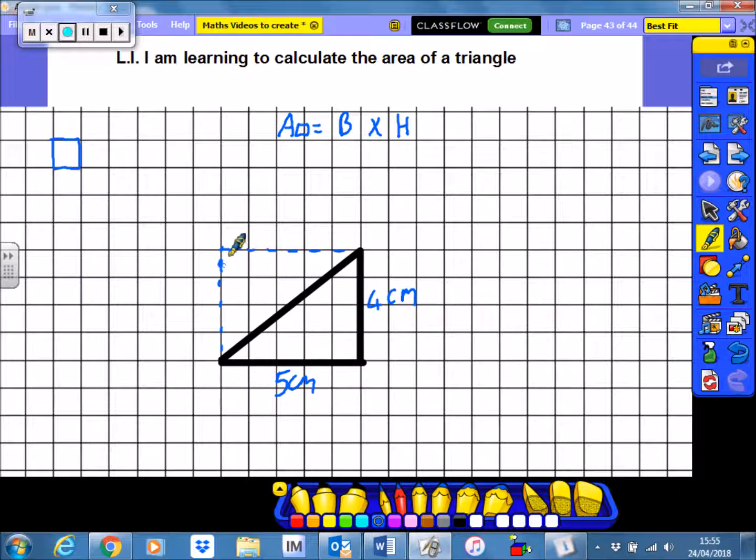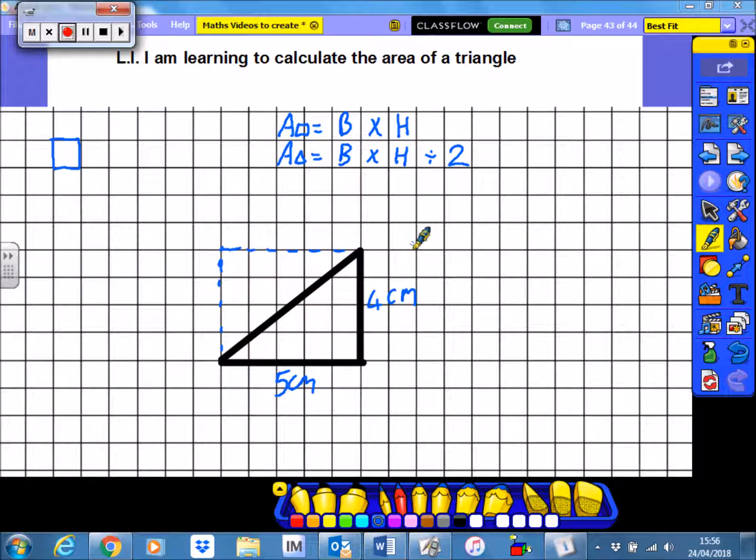If we bring this up to the full dimensions of a rectangle, we should realise that actually this triangle is quite simply half of what it used to be as a rectangle. Therefore, if the area of a rectangle is the base times the height, the area of a triangle is the base times the height, halved, or divided by 2.